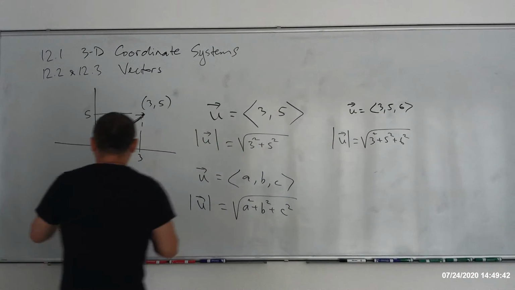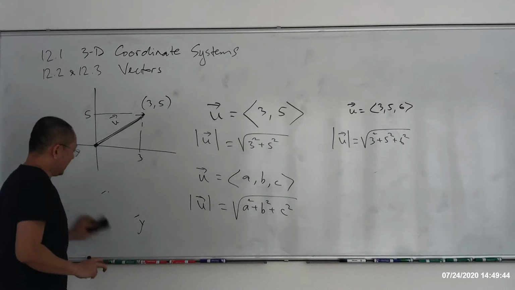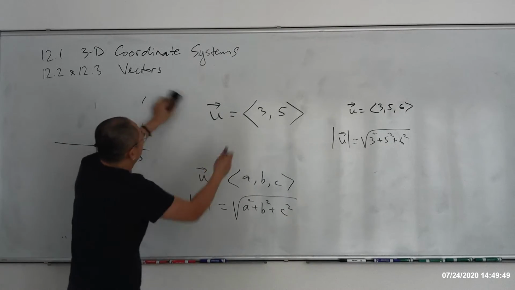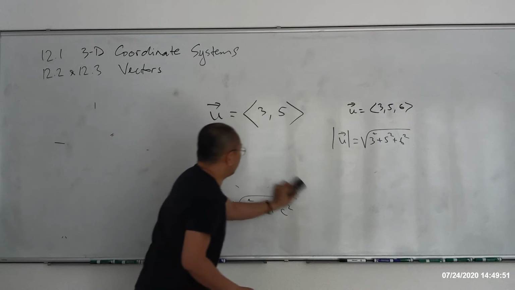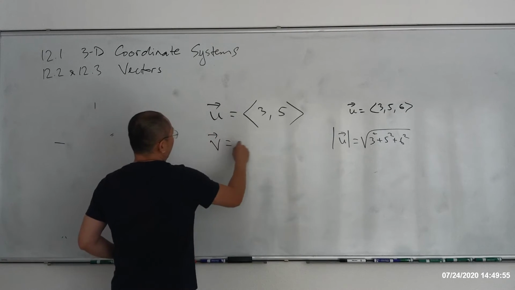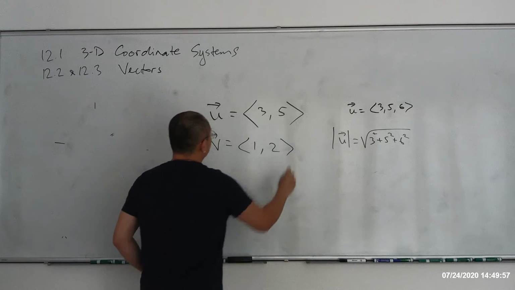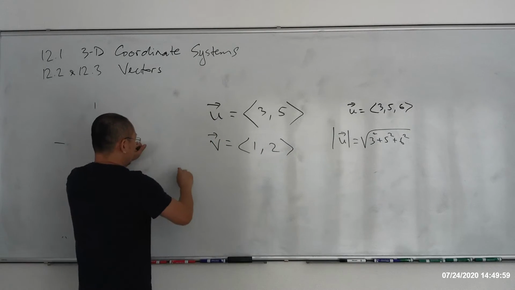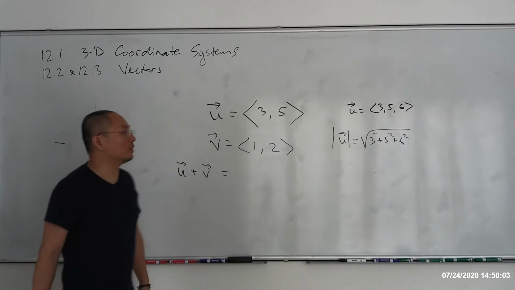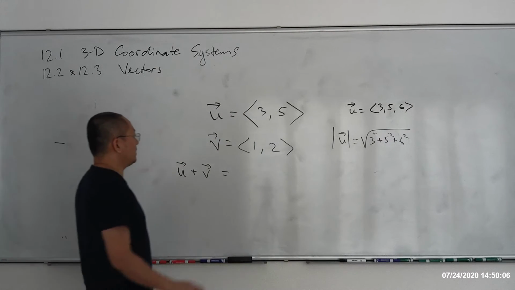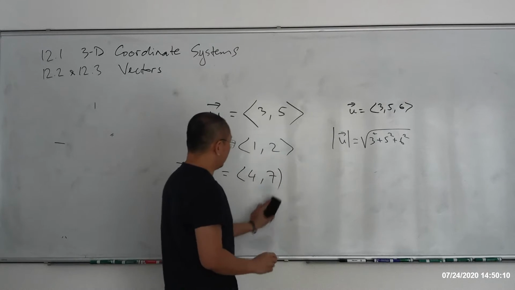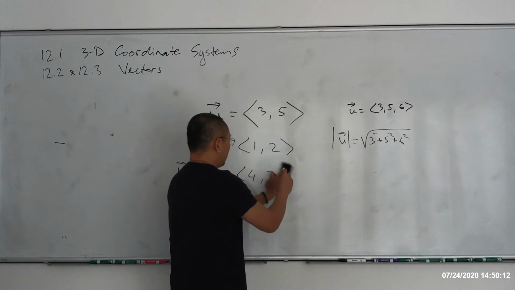What about adding two vectors algebraically? Say I got vector u (3, 5). This is 2D. Okay. Say I got vector v, how about (1, 2)? You add the two vectors, u plus v. You just simply add those values component-wise. So it's going to be angle bracket 4, 7. Okay.